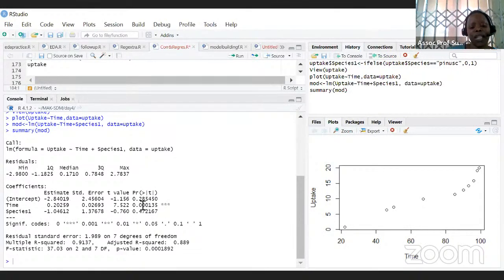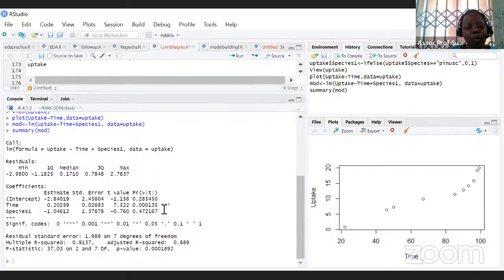When we look at the p-values corresponding to each independent variable, we find that the p-value corresponding to time is significant at 0.05. It is less than 0.05, indicating that there is statistical evidence to reject the null hypothesis and conclude that carbon dioxide uptake is linearly related to time.